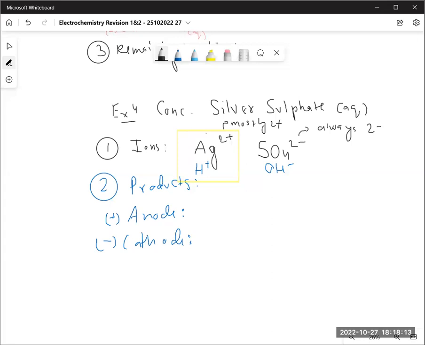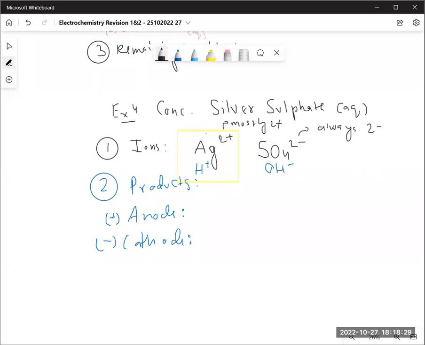The products at the cathode, right? It has to be the least reactive. Least reactive, and you must have written it in your notebook from the last class.